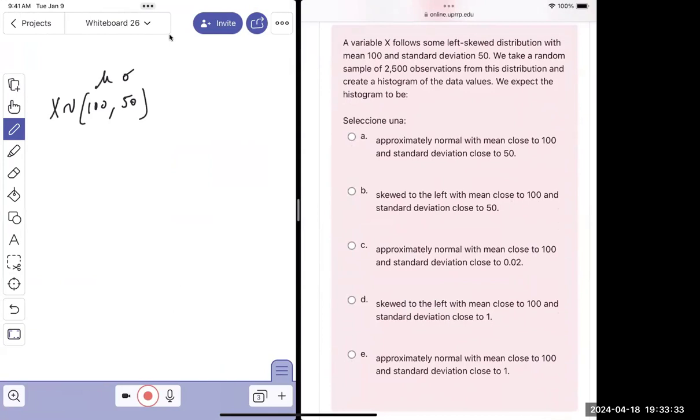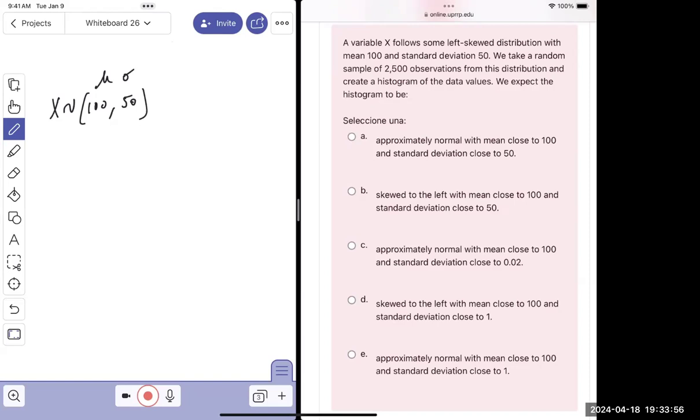Okay, so it tells you X follows a left skewed distribution. You don't know the shape, but you know that it's left skewed. You know its mean and its standard deviation. Sorry.